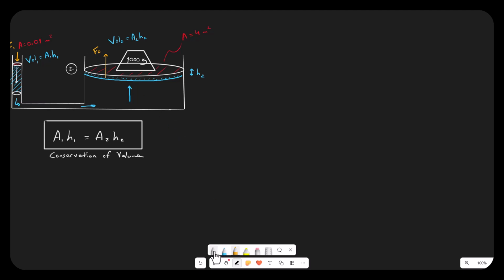And there's a relation there too. The pressure that I'm putting on the left side is going to be equal to that force, F1, divided by area 1.